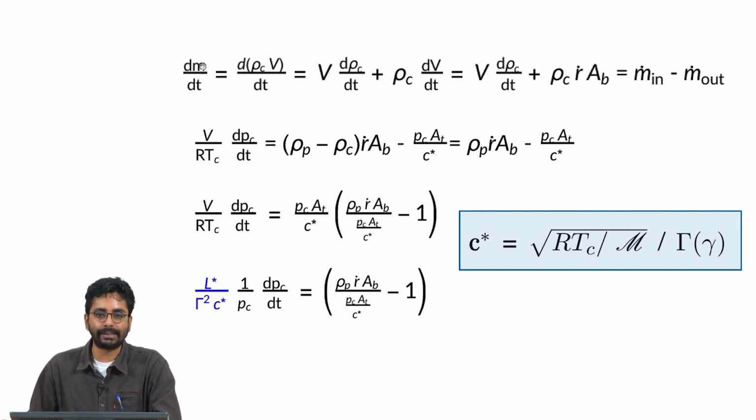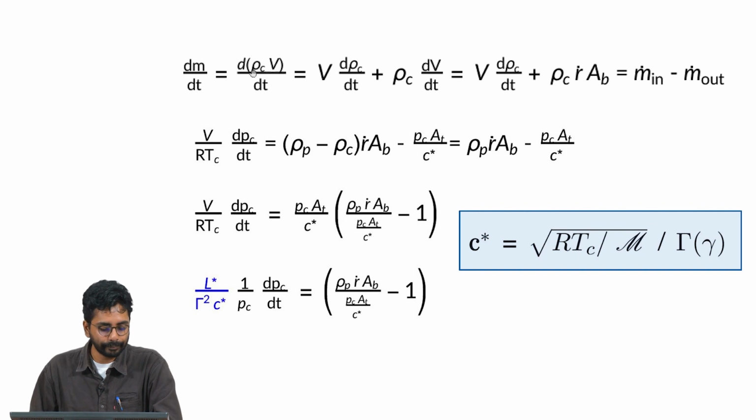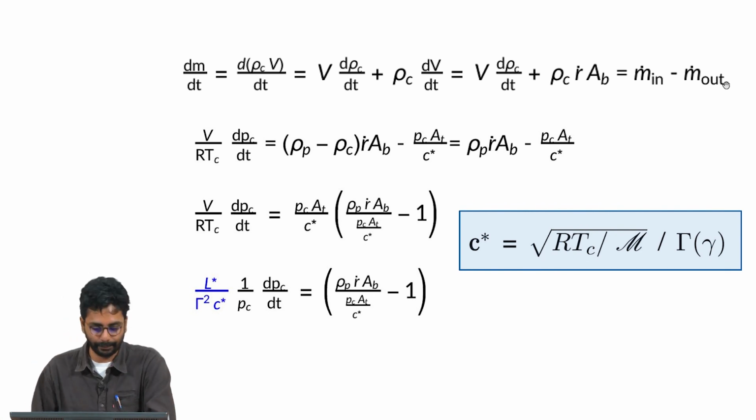The mass inside the port is the density in the port multiplied by the volume of the port. So, the rate of change of mass inside the port is equal to the mass that comes into the port because of propellant combustion minus the mass that goes out because of outflow through the nozzle. What I have done here in between is just expand this equation.